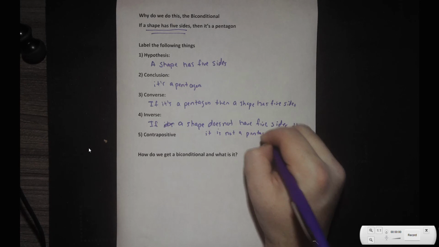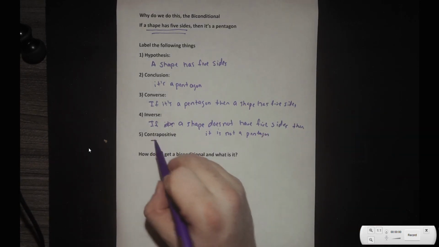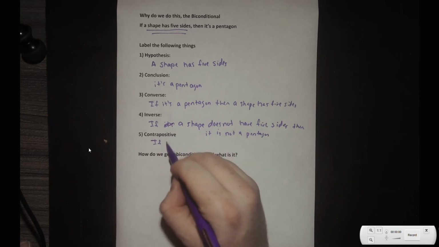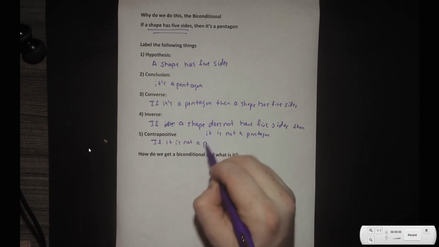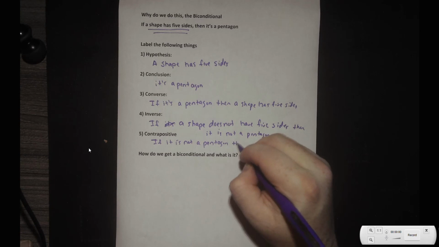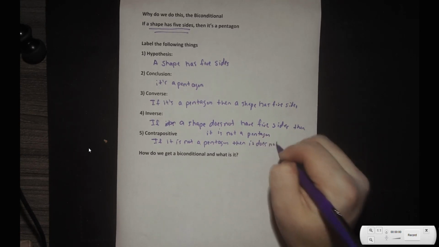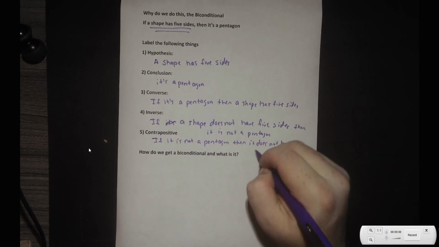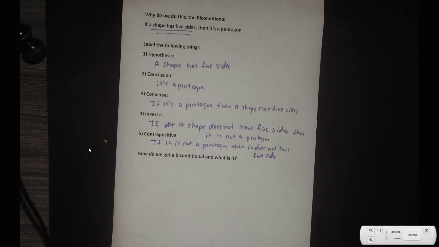Why do I feel that one's longer? I don't know. Contrapositive, flip it around. If it is not a pentagon, then it does not have 5 sides.